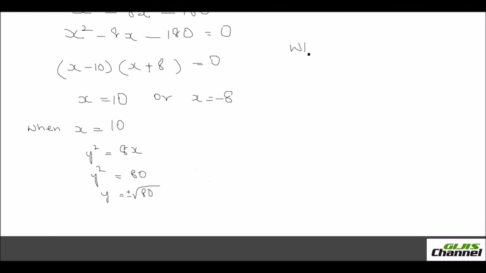And when x is negative 8, your y squared will be minus 64, so your y would be the square root of negative 64. That is a complex number, or it is not possible. So let's not go on to the complex number.